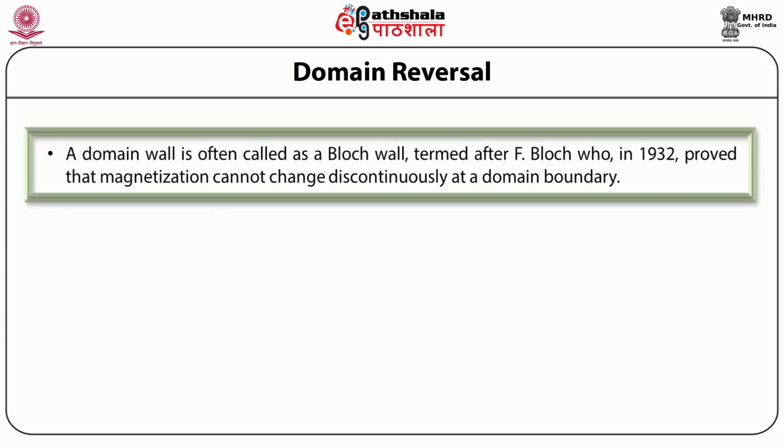A domain wall is often called the Bloch wall, after F. Bloch, who in 1932 proved that the magnetization cannot change discontinuously at a domain boundary.